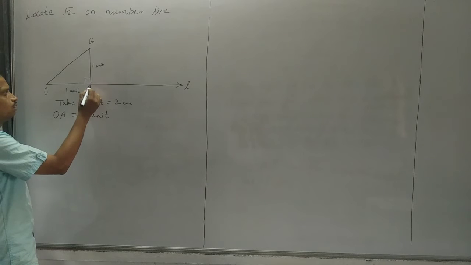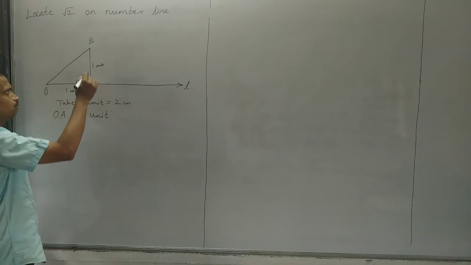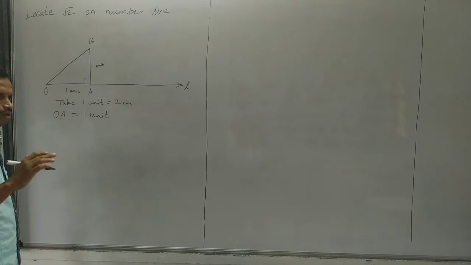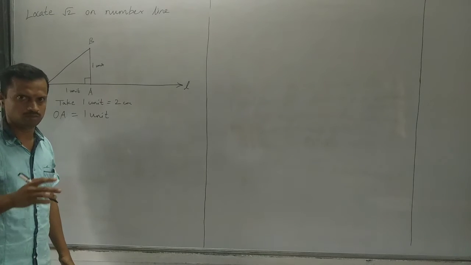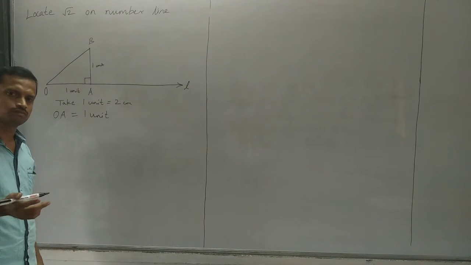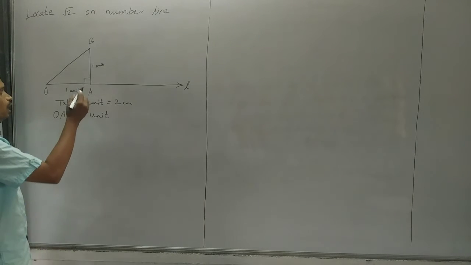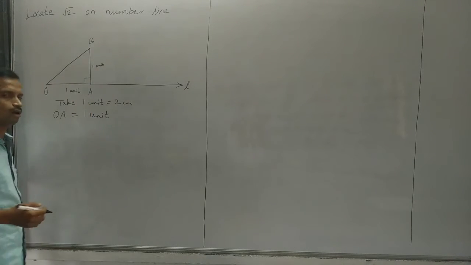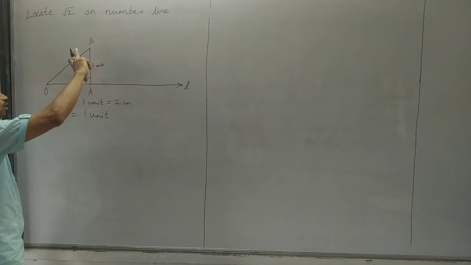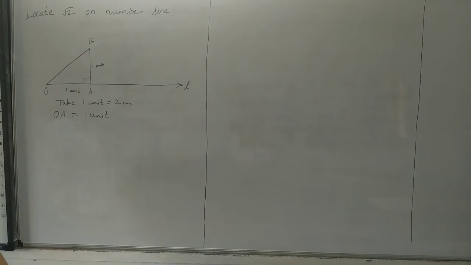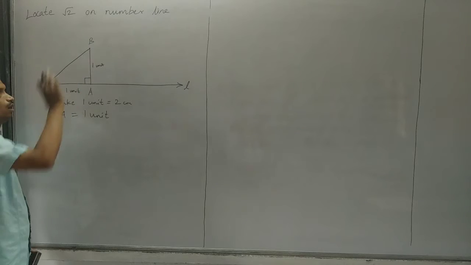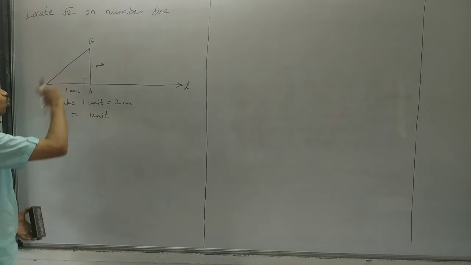At A, draw a perpendicular. You can use either the compass method by drawing an arc, or use a protractor to draw 90 degrees. And AB, you mark 1 unit by taking radius 1 unit, draw an arc, mark it B and join OB.